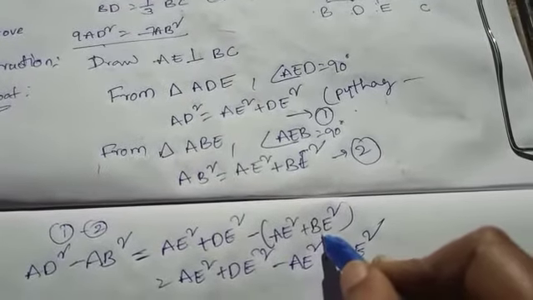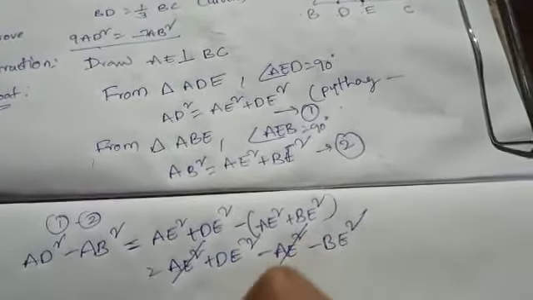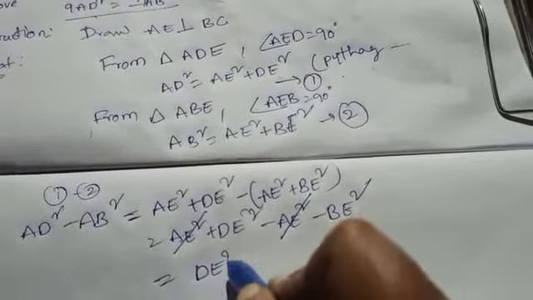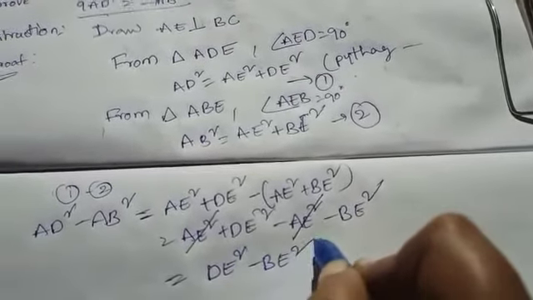Here AE square and minus AE square get cancelled. Remaining terms are DE square minus BE square.